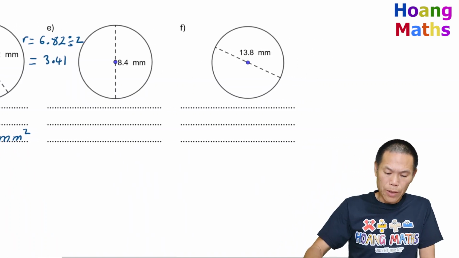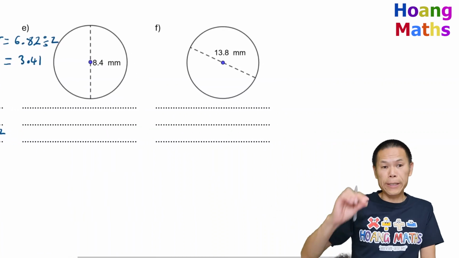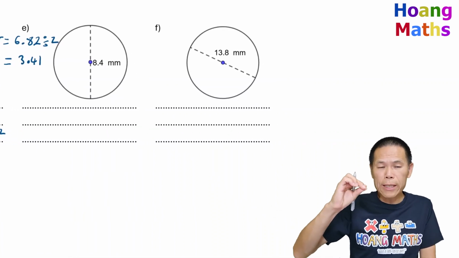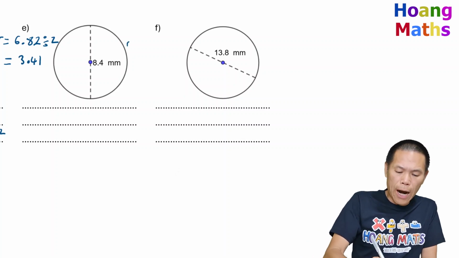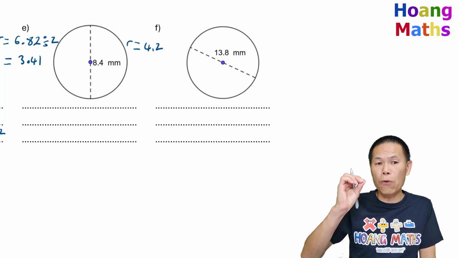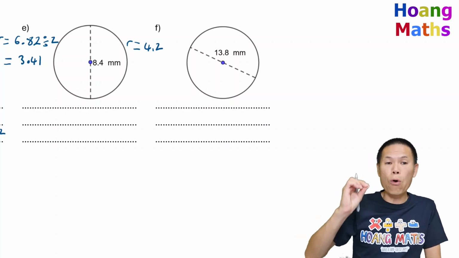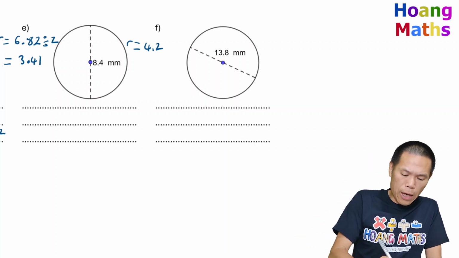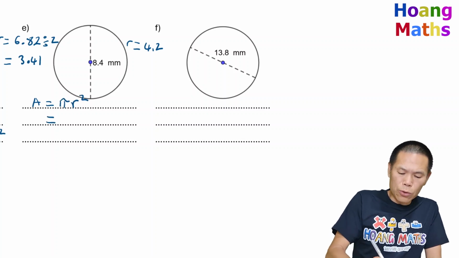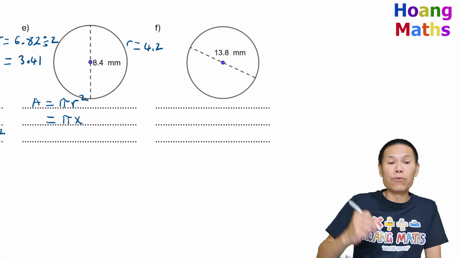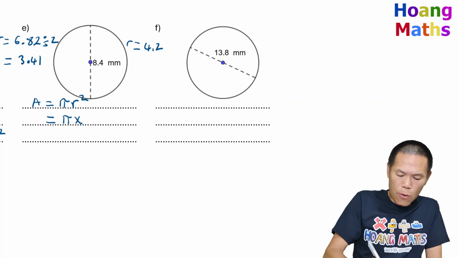Part E. So 8.4 is the diameter. So the radius is half of that. So half of 8.4. So r is equal to 4.2. Okay, 8.4 divided by 2 is 4.2. So the area is pi r squared, and that is equal to pi times the radius squared. So 4.2 squared.